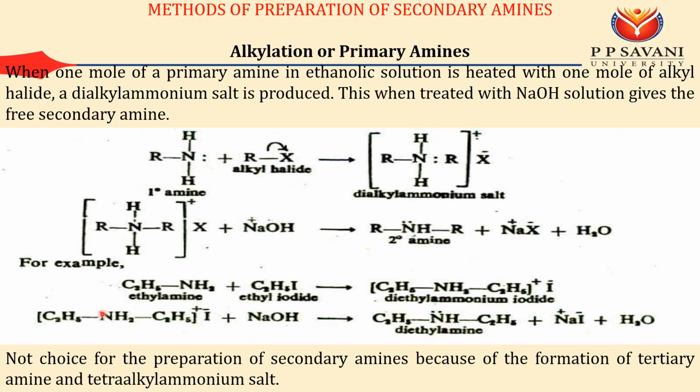But as I told you earlier, this method is not useful for preparation of secondary amines, because if I have more moles of alkyl halide, the reaction will proceed further. The amine again reacts with alkyl halide and produces the tertiary amine, and the tertiary amine again reacts with alkyl halide and produces the tetraalkyl ammonium salt. So this method is not a good choice for preparation of secondary amines.